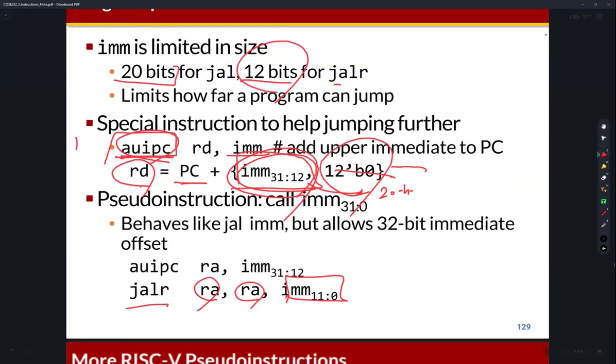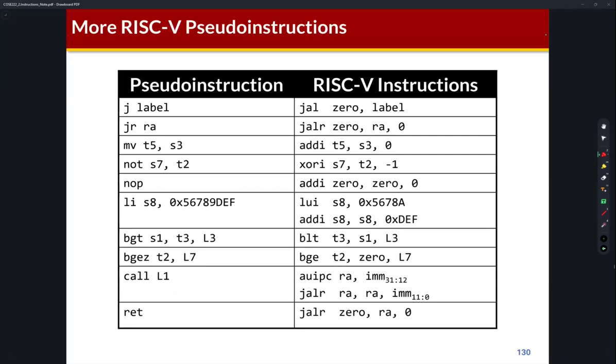So this is the summary of pseudo instructions. As I mentioned, you can find these pseudo instructions in the RISC-V assembly code. The j label means JAL 0 label.